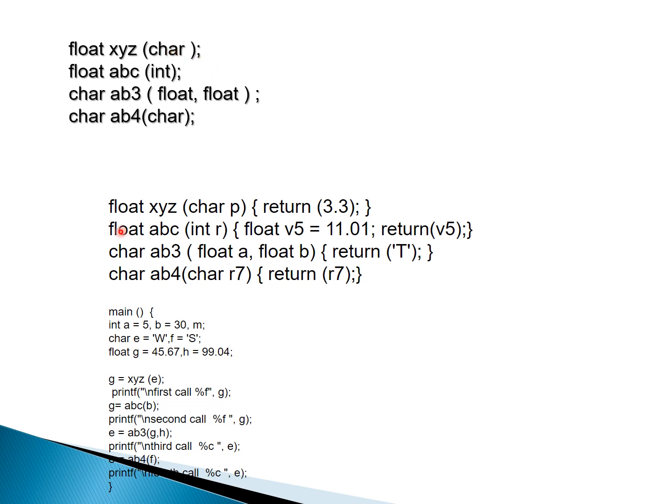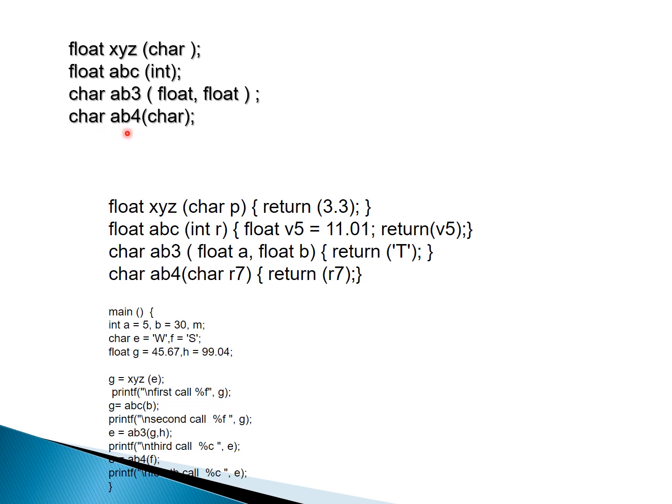Similarly for the second: return type, name of the function, and we have two variable types, float and float. So here we will write float and float.